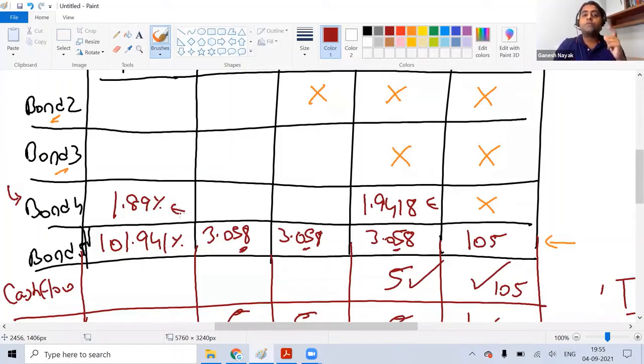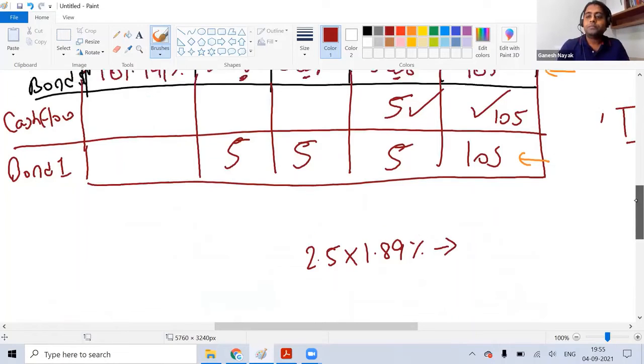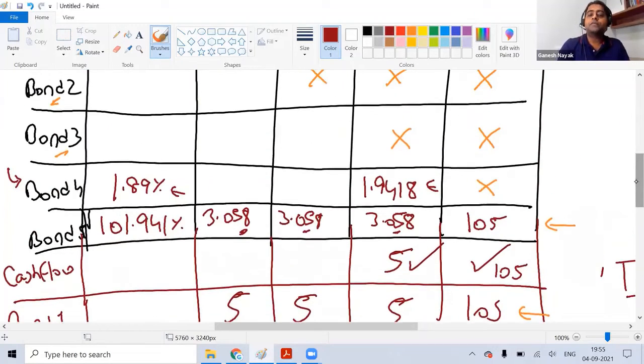But now since you've bought only 1.89%, then you will not get the entire $2.5 income. You will only get 1.89% of 2.5. So you'll have to calculate. What is that number? 1.89% of 2.5. Give me the number.